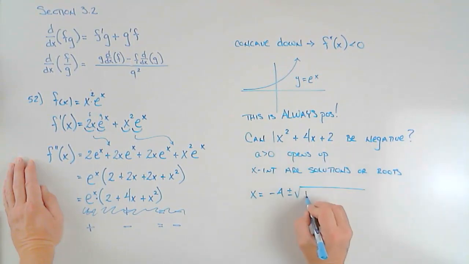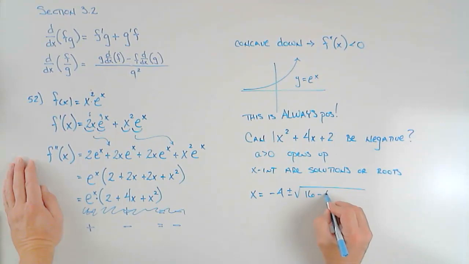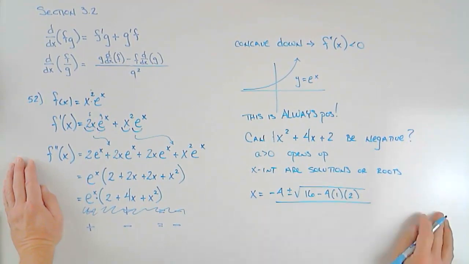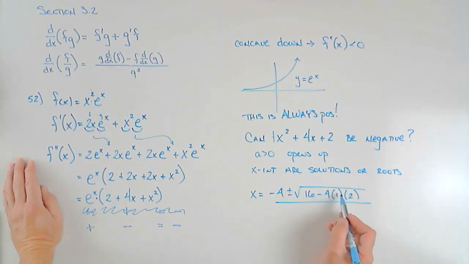B squared is going to be 16, right? Minus 4 times a, which is 1, times c, which is 2, all divided by, so negative b plus or minus the square root of b squared minus 4ac all over 2a.